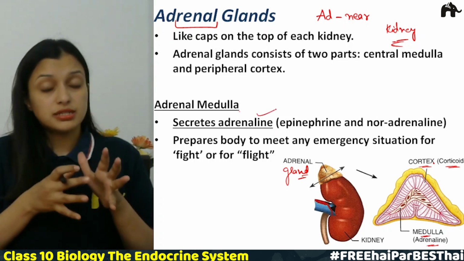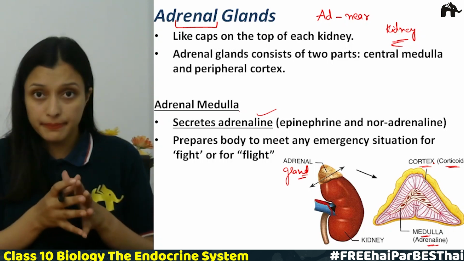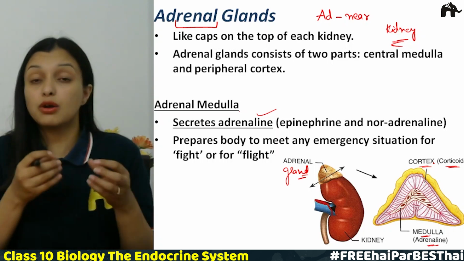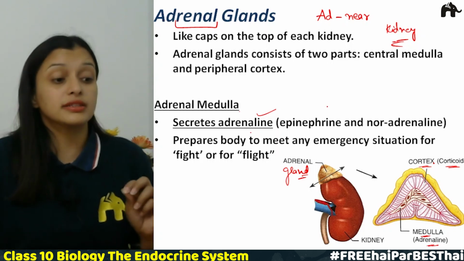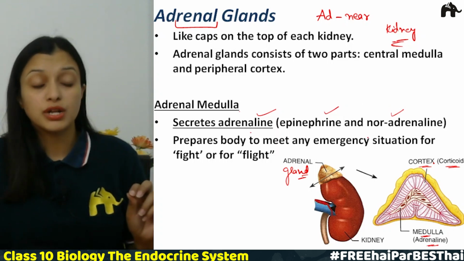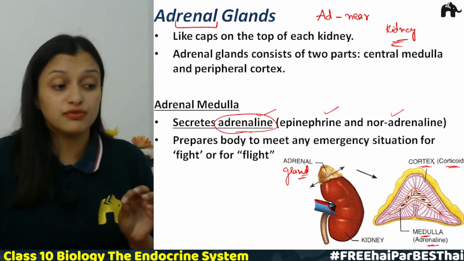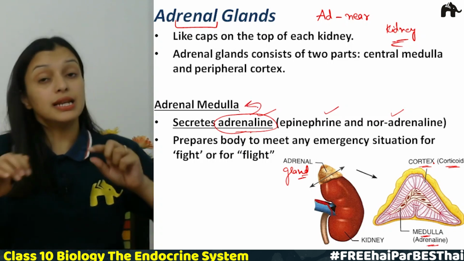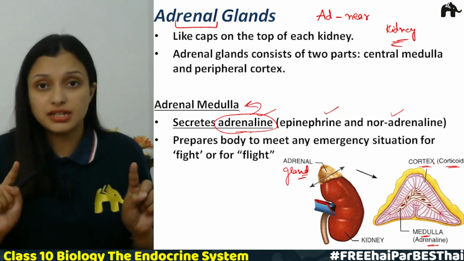Just remember the other names of this hormone also, because the question can come in any way, right? The adrenaline hormone, or epinephrine, or noradrenaline hormone. These are the different names of the hormone adrenaline, which is secreted by the adrenal medulla, the inner part of this adrenal gland, right?